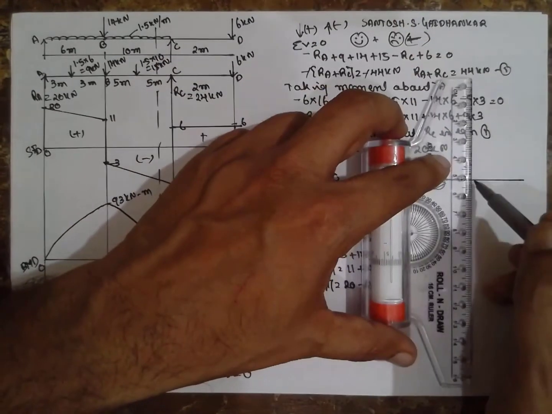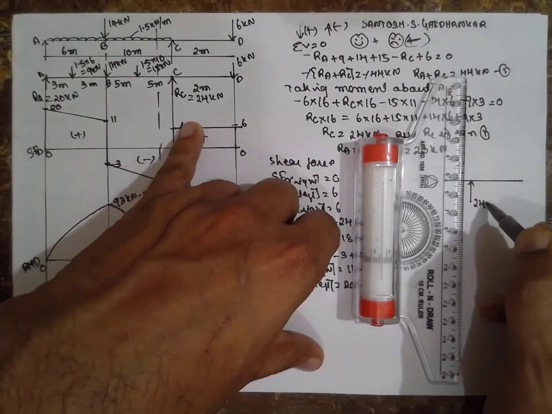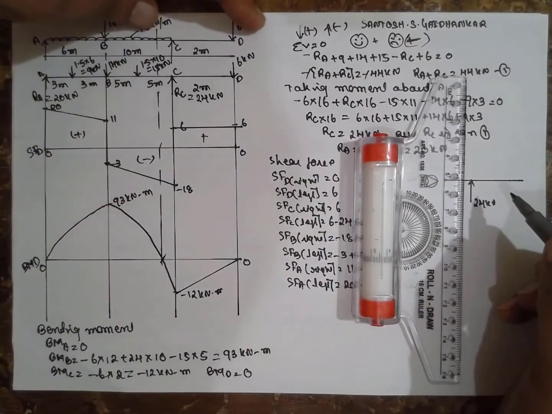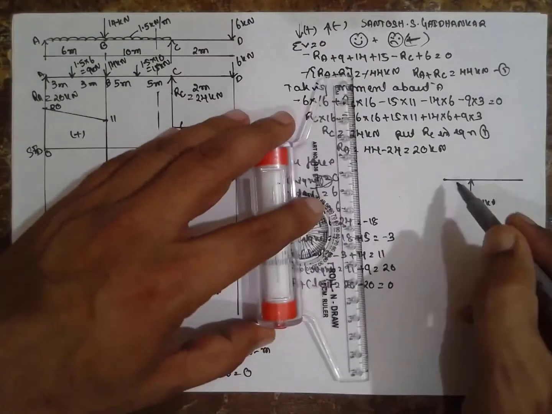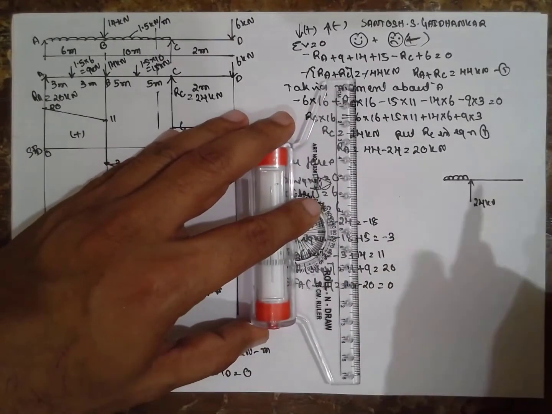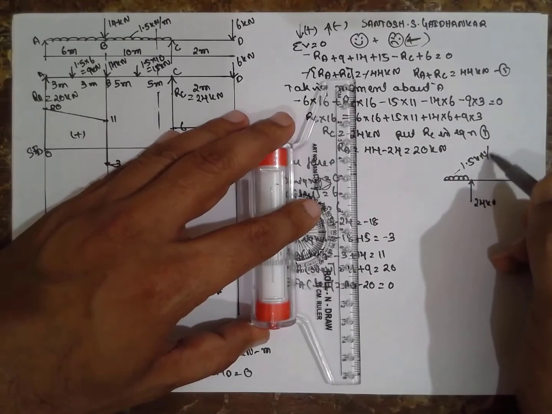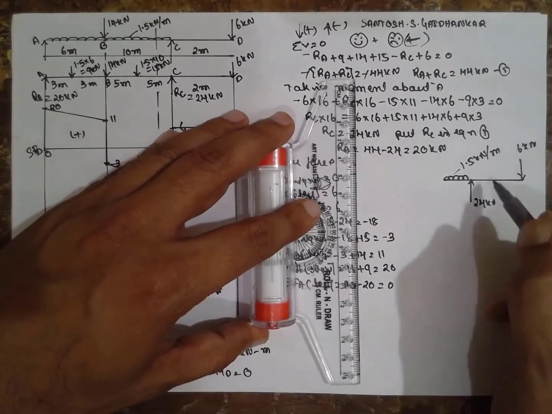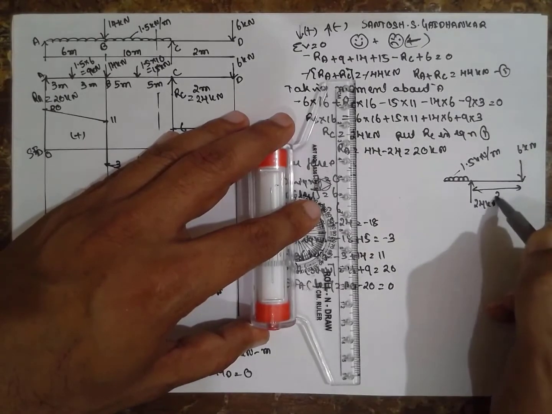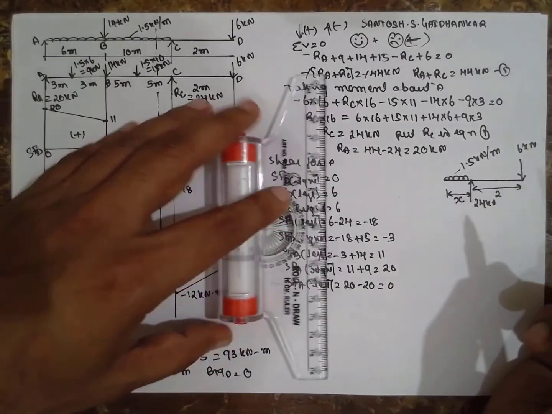Rewrite. The bottom value will be 24 kilonewton. Don't use this diagram, you have to cut it. The UDL is 1.5 kilonewton per meter. There is a point load here, 6 kilonewton at a distance of 2 meter. This is the x for me. I have to find the point of contraflexure.